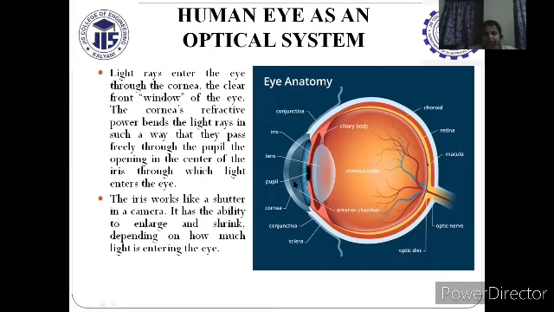After that, this part is called the aqueous humor. Next, the iris. The iris works like a shutter in a camera. It has the ability to expand and contract, depending on how much light is entering the eye.